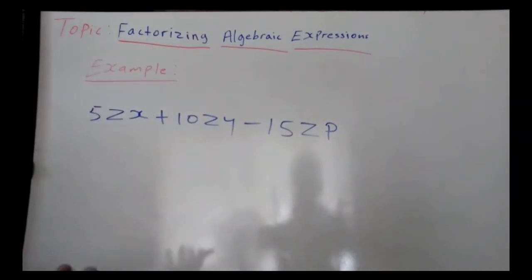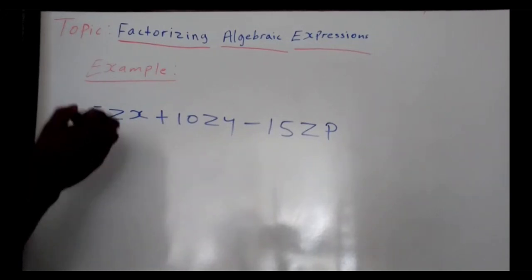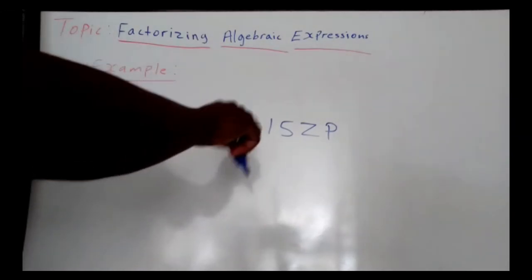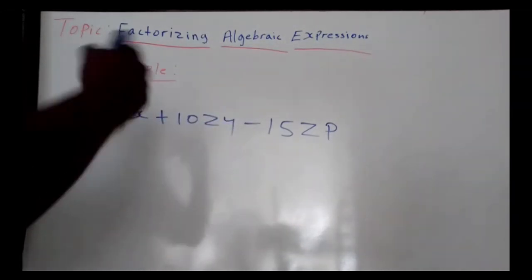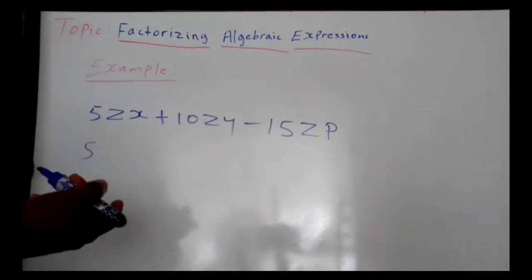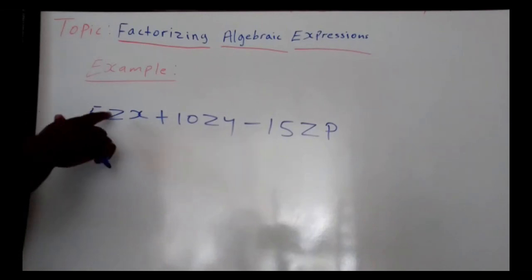So what we are going to do is look for the thing that is common in each term as usual. So we know that 5 is common because 5 can divide exactly into all these numbers. However, 5 would be the highest common factor, so we know that we have to use 5. Now we look at the letters.